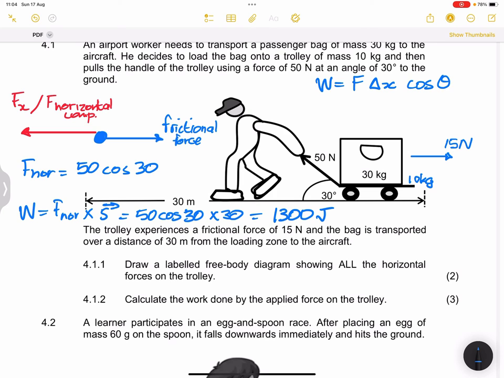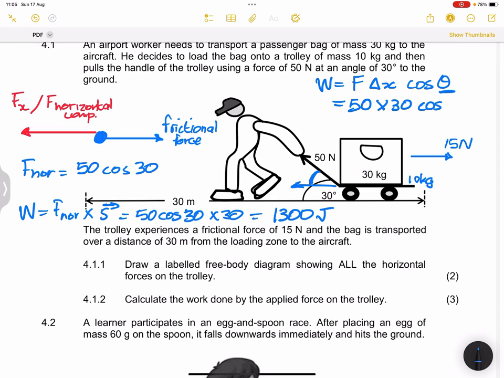Alternatively, I said we could use that formula. The magnitude of the force is 50, multiplied by 30, the cos of the angle. Now remember, guys, that when we're using this formula, the angle is the angle between the direction of motion, where we're going, and the force in question.